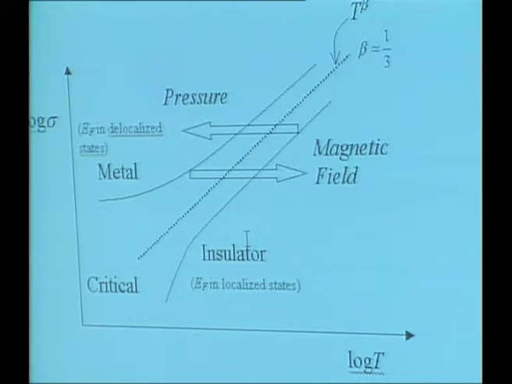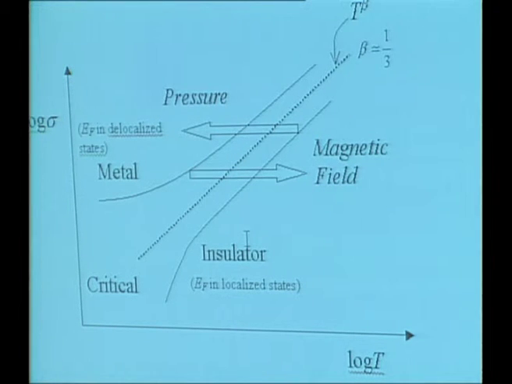Now I increase the disorder by putting in impurities and whatever. And of course the mean free path gets shorter, so the conductivity moves down. It's still a metallic system, so as you reduce the temperature, the conductivity would increase like that. And then finally I get to such a high level of disorder that I get into the Fermi glass regime.